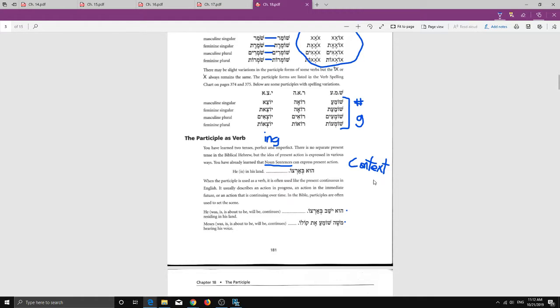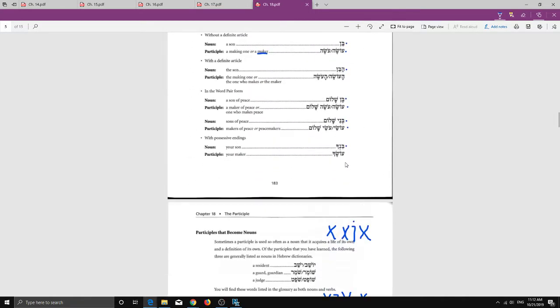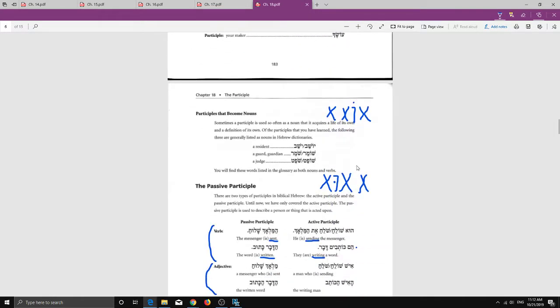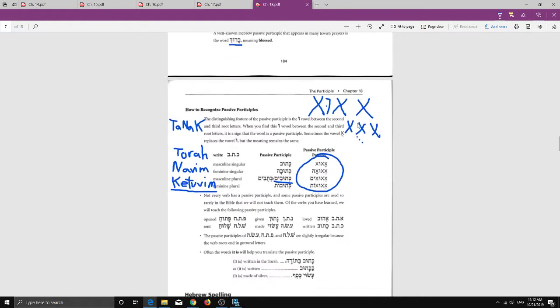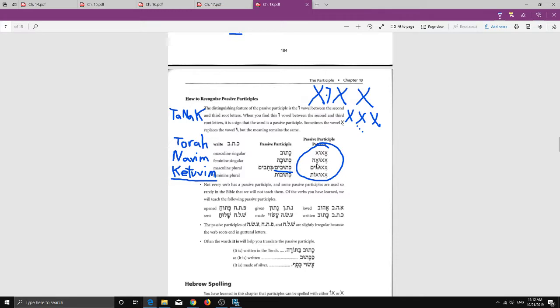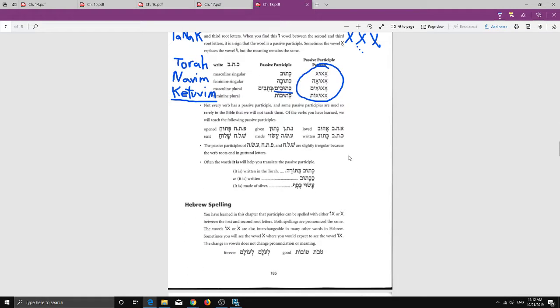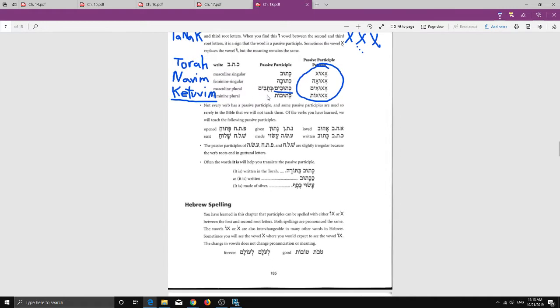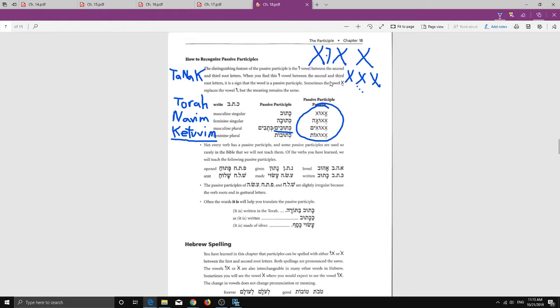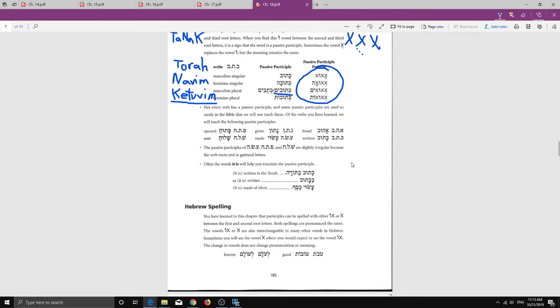So memorize those for sure, or at the very least be able to recognize them by differentiating between this, and then realize it's just kind of the same as adjectival endings at that point, with the Kamatz Hey, the Hiriq Yod Mem, and the Holam Vav Tav. So I don't need you to memorize specific forms like this. Just memorize the pattern and be familiar with the difference between the passive and active participles.